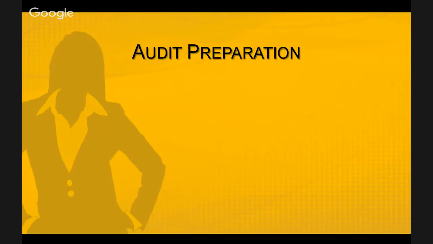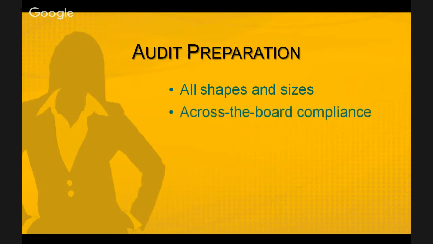After all, one of the goals of the audit program is to spur across-the-board compliance with HIPAA, with security and breach notification rules. And the best way to do it is to scrutinize a variety of providers. Virtually any organization that's audited is going to have some HIPAA compliance issues that it has yet to resolve.